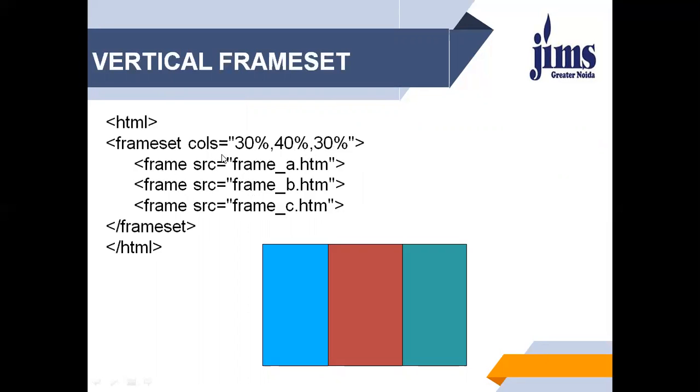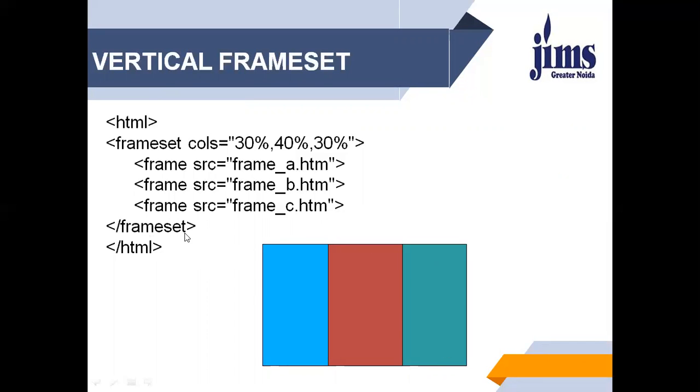And then, depending on the number of columns, you use the frame tag. Frame src is equal to the path of that particular HTML file that you want to display in that particular frame. So frame src is equal to framea.htm. Likewise, the first HTML file, frame A, will be displayed in the first column, the second file, frame B, will be displayed in the second column, and the third file, frame C, will be displayed in the third column.